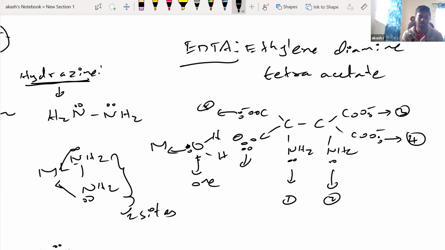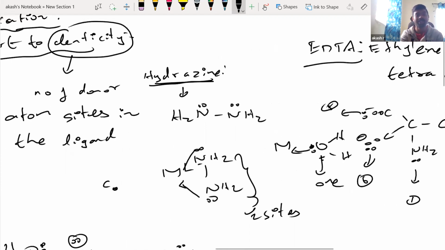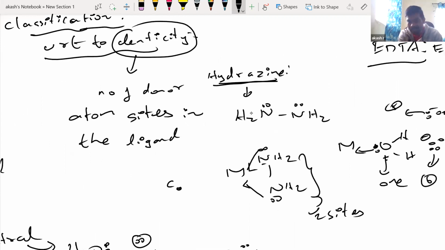And this oxygen atom also has a lone pair, another donor site. So the same molecule will be able to make 6 coordination bonds with the central metal ion or atom. This number of donor sites is what is called the denticity of the ligand. The number of sites from which you can donate electrons to the metal atom is what is called the donor sites.